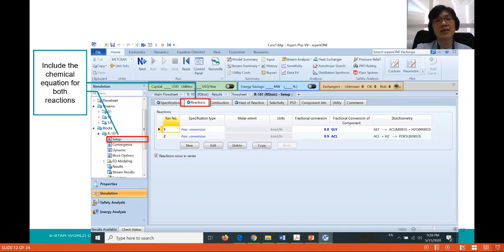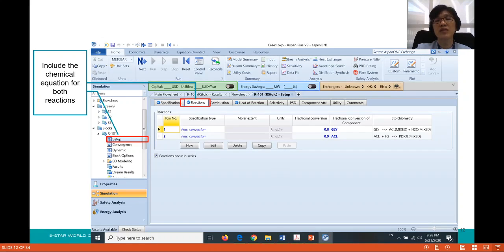The next page under the reactor setup is for you to include the chemical equations. As given in the question, we have two reactions here. The first one is the dehydration of glycerol to produce acetol. The acetol will then be hydrogenated to produce 1,2-propanediol. The conversions given are 80% and 90%, but you have to put them in on a fraction basis.